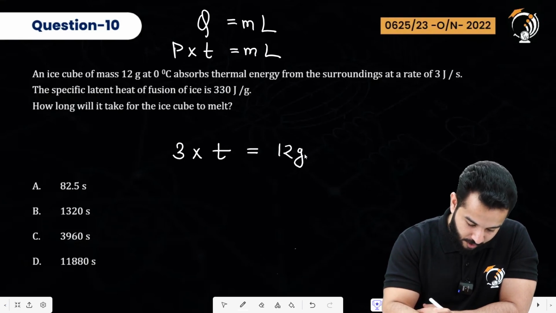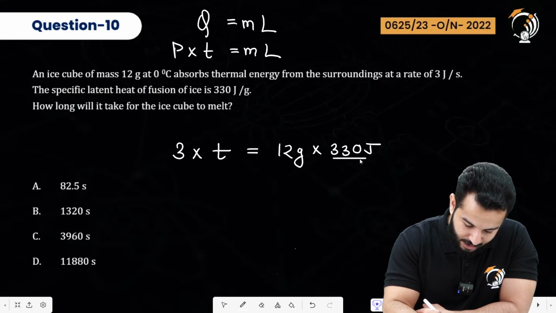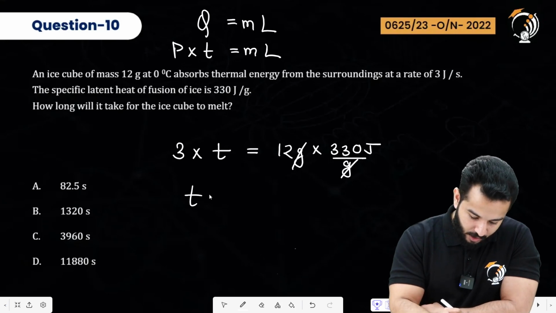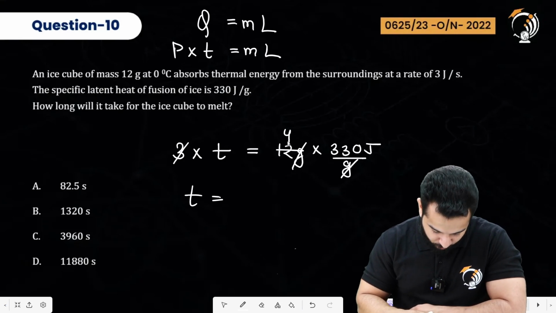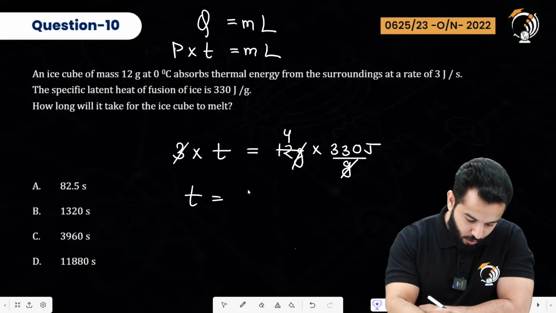So this is 12 grams times 330 joule per gram. That's why I'm saying let's not convert the grams over here, right? So t will come out to be 330 times 12 divided by 3, which is 330 times 4, and that's around 1320 seconds.